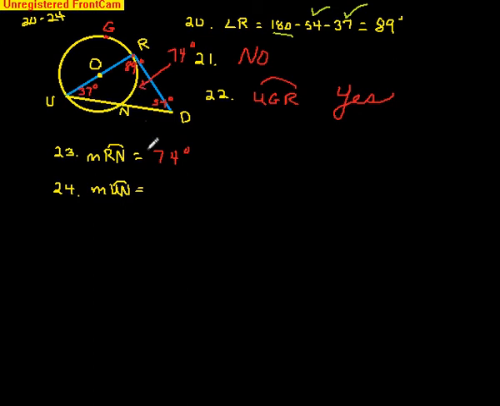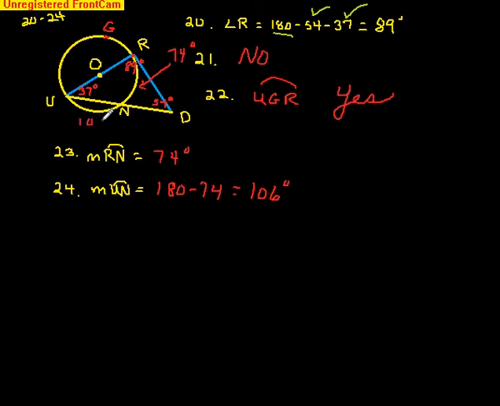If this one's 74, then this one's just going to be 180 minus 74, which I'm going to toss into my calculator. 180 minus 74, and we should get 106. I could have done that in my head. 106. So these two together, this one is 106.